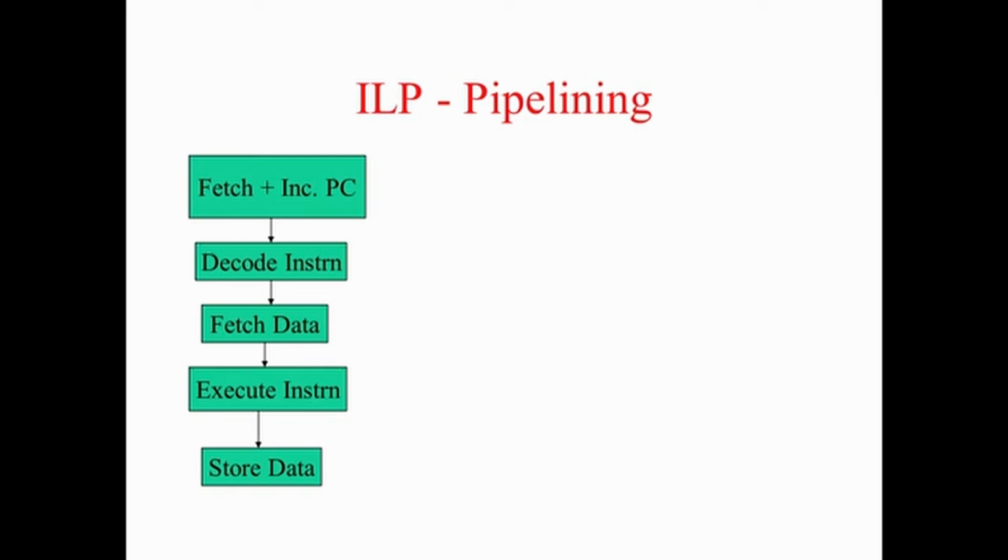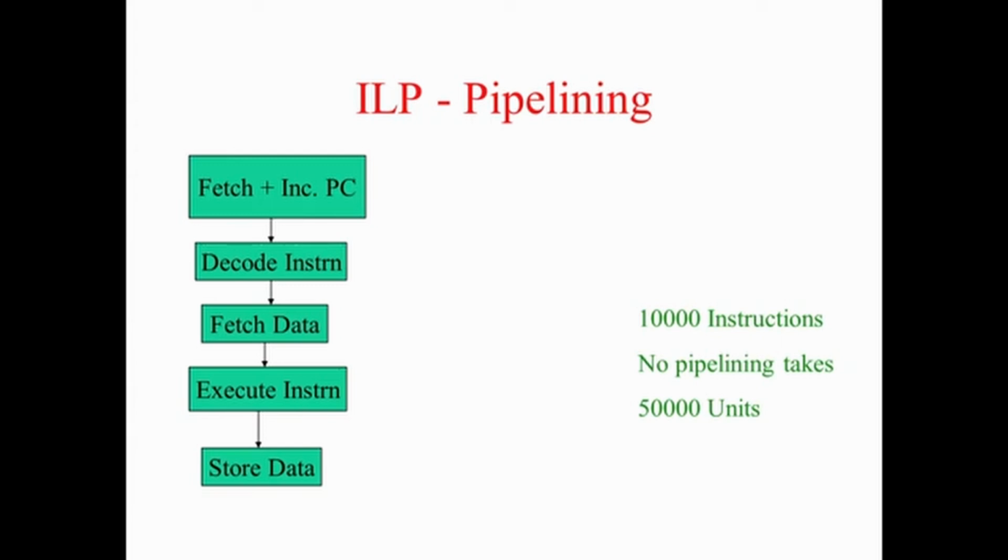Now if I have 10,000 instructions to be executed and each of these units takes 1 unit of time, then to execute one instruction it will take 5 units of time. So to execute 10,000 instructions it will take 50,000 units of time. Now what we see is that when an instruction is fetched, the other 4 units are not doing anything. When an instruction is decoded, the remaining 4 units are not doing anything.